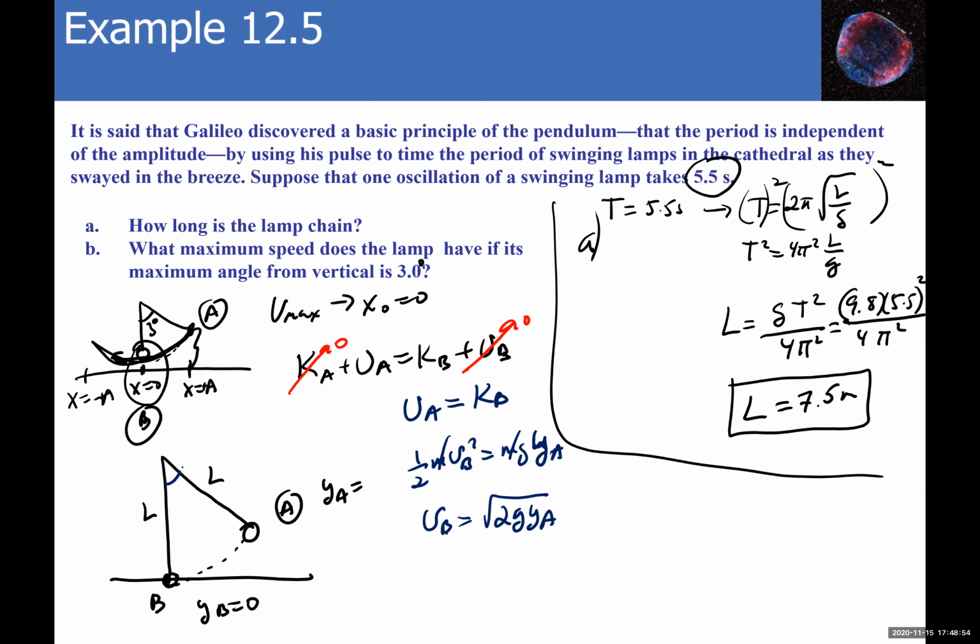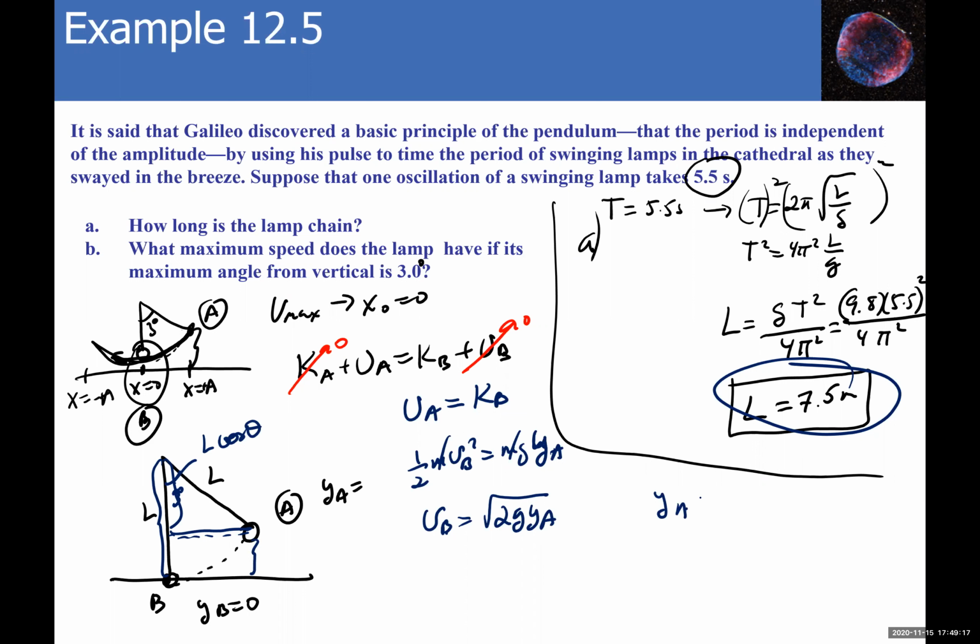One thing I have is the length we calculated, 7.5 meters, and I know it goes 3 degrees. That means the height of A is just this distance here. This is where we use a little bit of geometry. This is L, and this is L cosine theta.